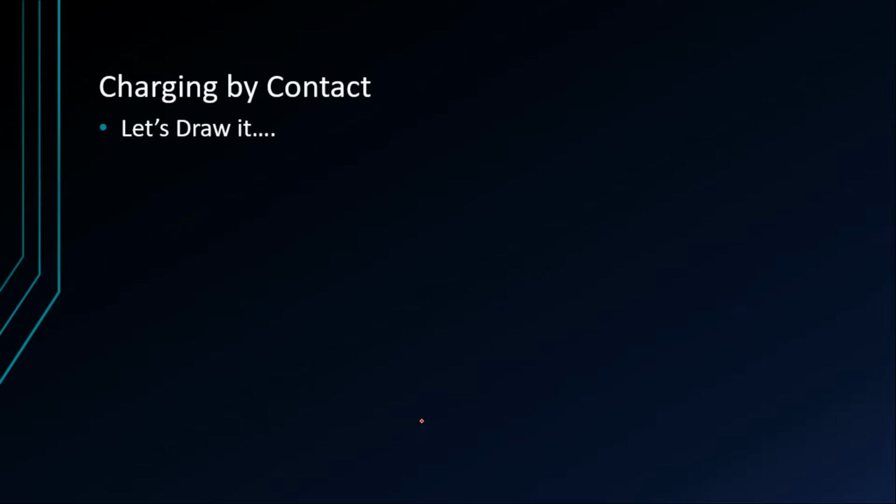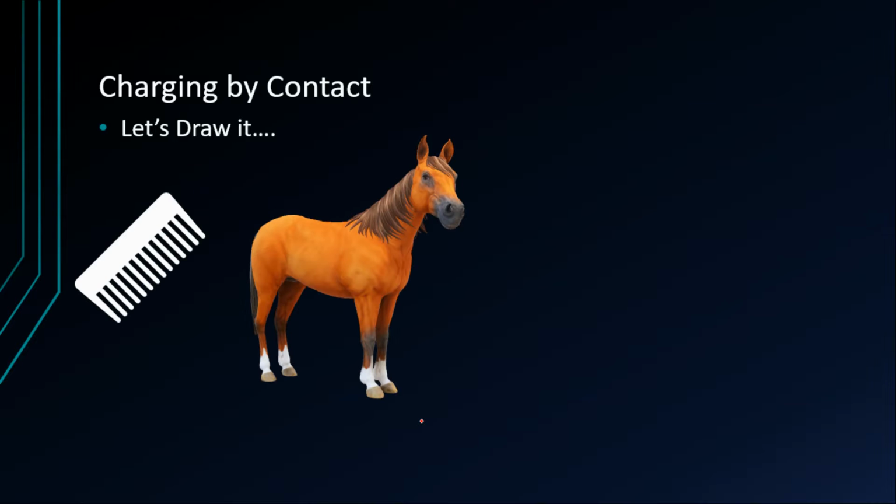So either you can draw it in that space, or you can draw it on the back side. Okay. You don't have to draw a horse and a comb. You can draw like a square and a circle if you want, or a rectangle and a triangle for the horse. But you'll see what the idea is right away. Okay, so I want you to draw two objects.